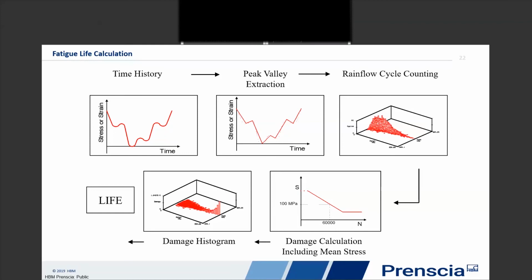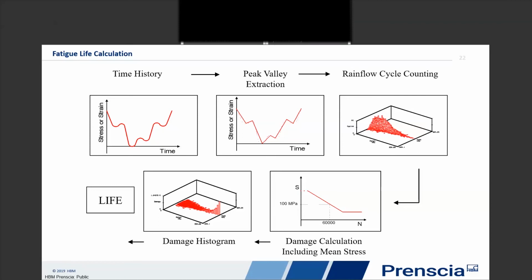I take all those cycles and process them through the fatigue curve that we saw earlier. Each cycle has a cycle size, so I can easily figure out the number of cycles to failure. The inverse of that is incremental damage. I could add additional calculations that deal with things like mean stress.